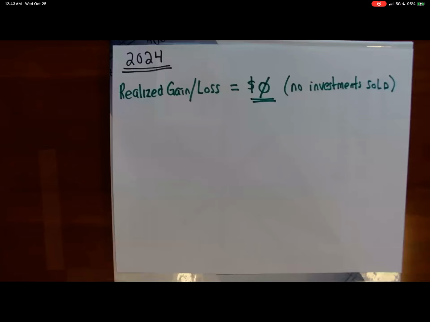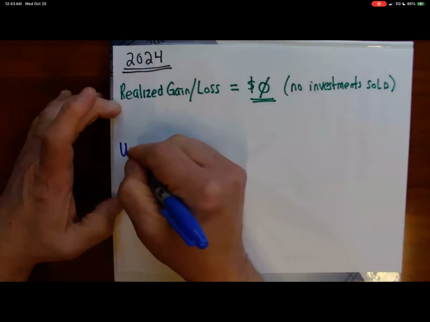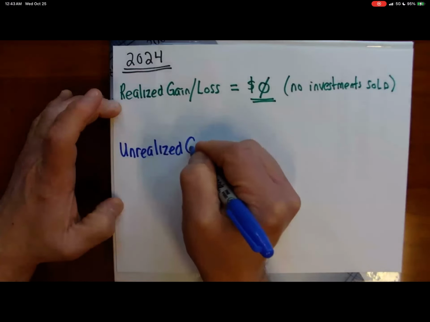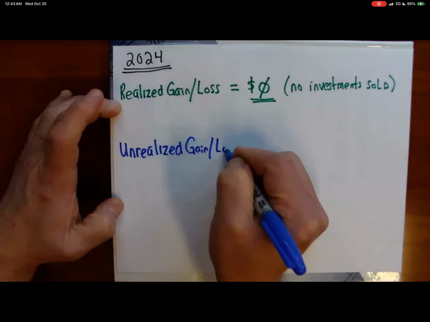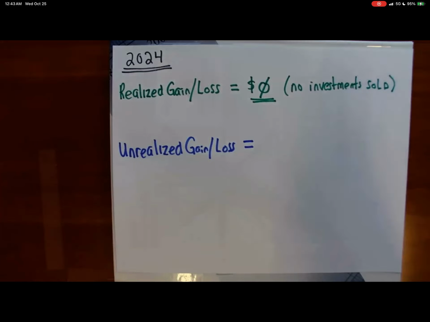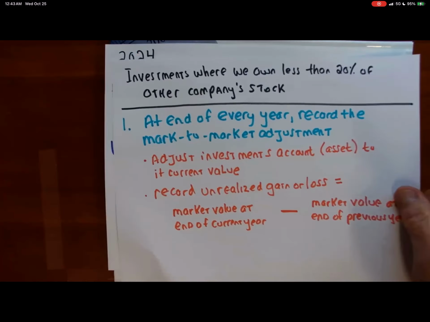But I also know that the unrealized gain or loss is recorded every year as part of the mark-to-market adjustment. So I do know that there will be an unrealized gain or loss here. We didn't write this stuff out for fun.